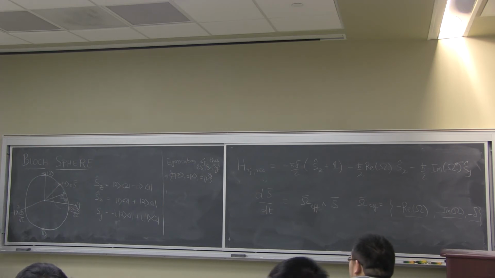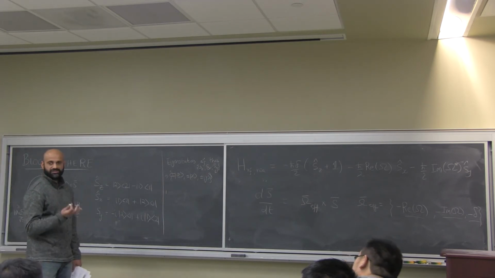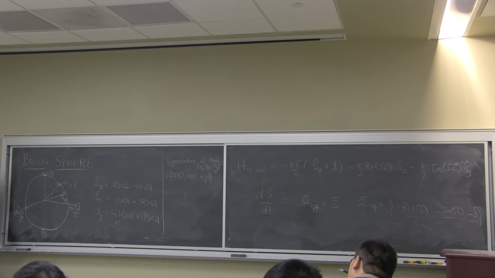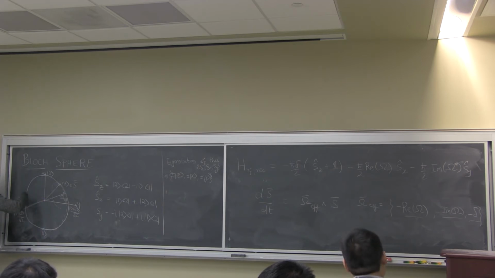Or if I had omega being entirely along the x-axis, which means you started out with some amplitude omega and the phase was 0, which we can control, and initially the spin vector started at the north pole, let's say in the state 2, then it will precess around this x-axis in a circle until, let's say, it hits the state 1, the south pole.